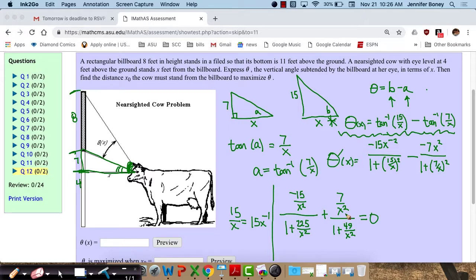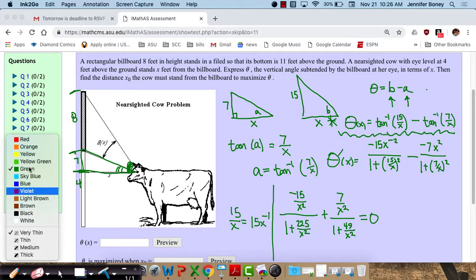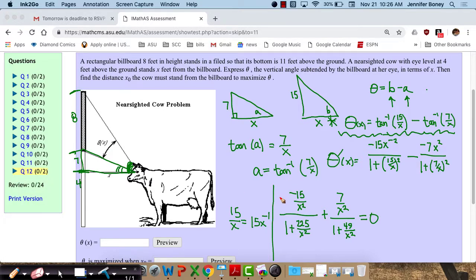Multiplying by variables is generally to be avoided, but if I know that x isn't supposed to be 0, it's not a problem. So let me change colors for a second here. If I multiply by x squared over x squared, that should simplify things a bit.